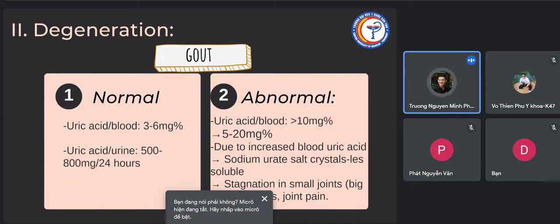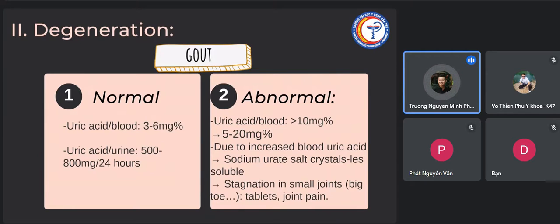This is a popular disease caused by the abnormal degradation of purine. This is gout disease. The normal uric acid in blood comprises 3 to 6 milligram percent, while in a body that suffers from gout disease, the uric acid in blood is more than 10 milligram percent, even up to 15 or 20 milligram percent.